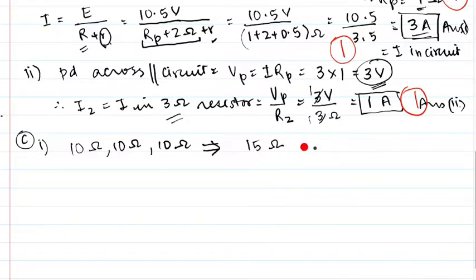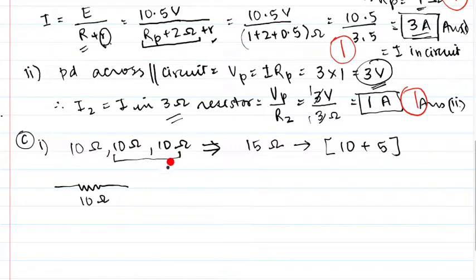So if we have 15, our thinking step is 10 plus 5. So we will have one 10 ohm resistor connected with the combination of the other two, which should give us 5. So if I'm going to decrease the resistance, these two resistors cannot be in series.